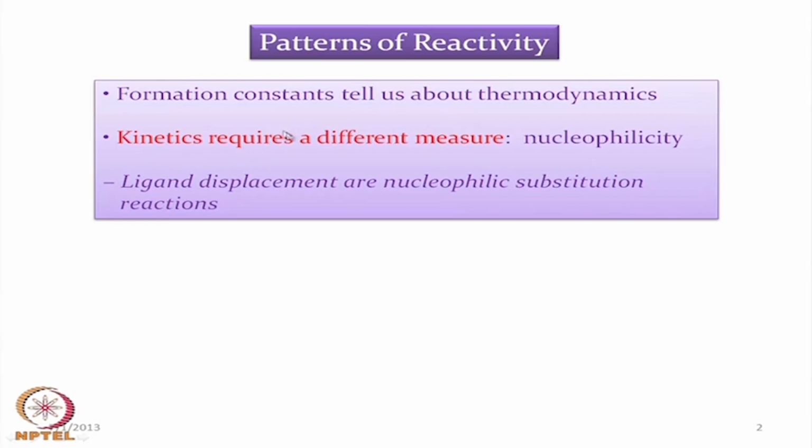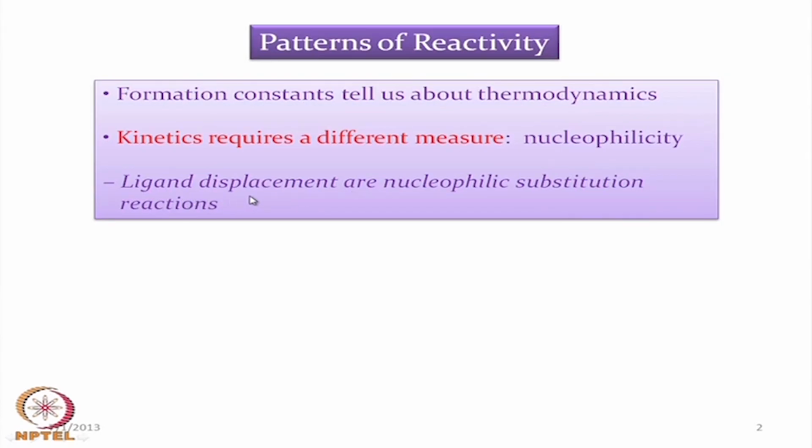But for the formation rate, the kinetics of this particular reaction requires different measures, where we consider nucleophilicity: how the ligand looks at the metal center, which is the nucleophilic center. So, nucleophilicity is what we consider for the kinetics of the reaction.